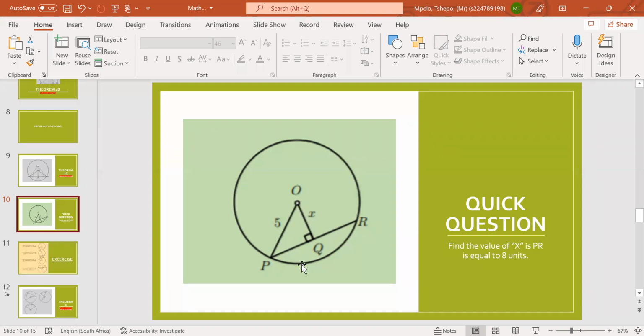How do you square up? What is your value of X? Let me look.